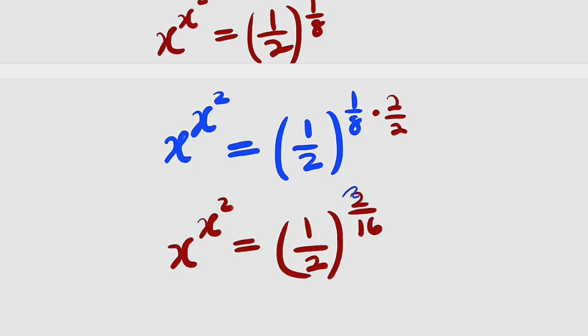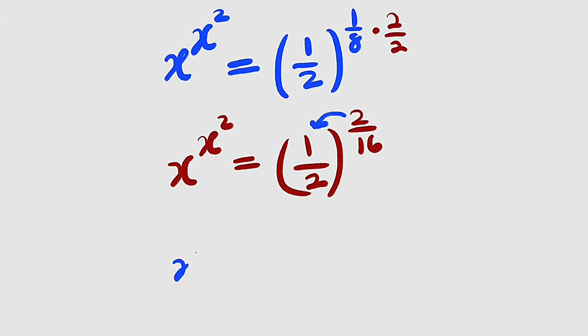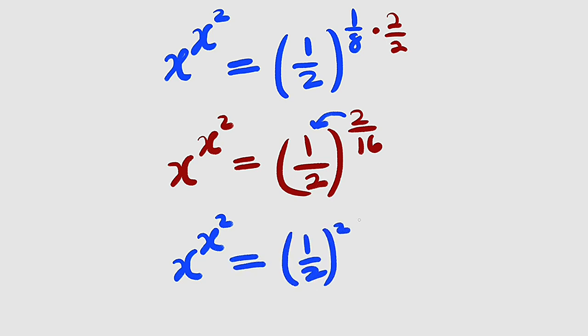From here, we can take this power of 2 inside. It doesn't matter, it's the same thing. So we have x to the power of x squared equal to 1 over 2 all squared.